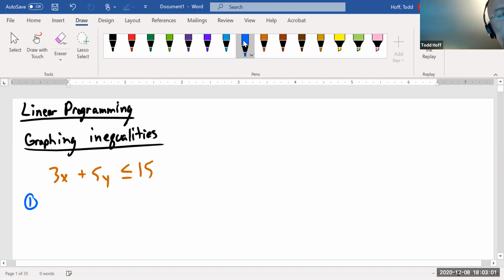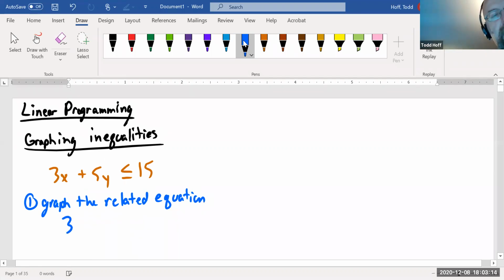Step one is we graph the related equation. For this, that would just be 3x plus 5y equals 15.